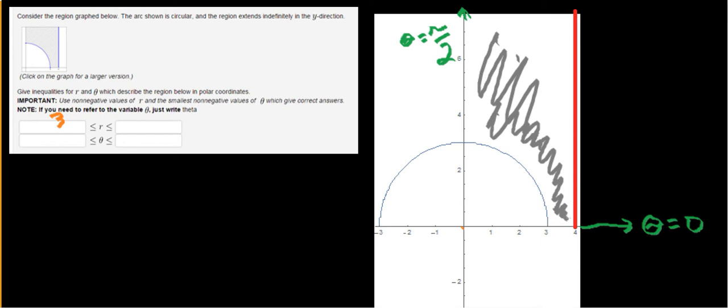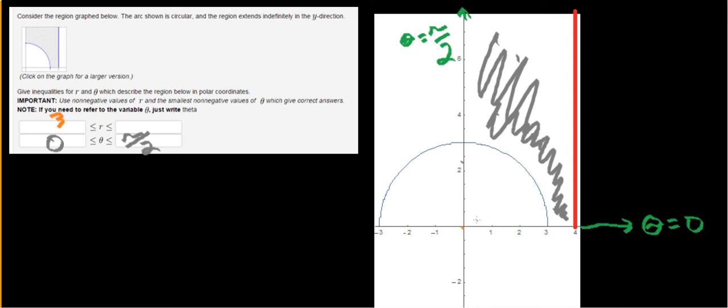So theta equals 0 is the lower boundary of theta, and theta equals pi over 2 is the upper boundary of theta.